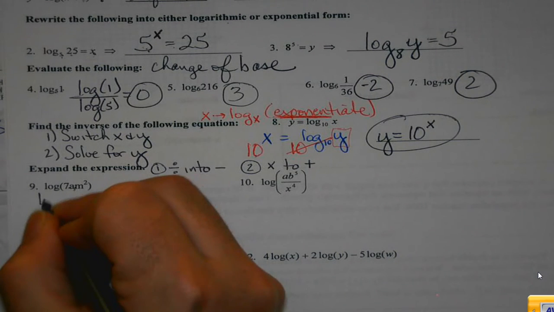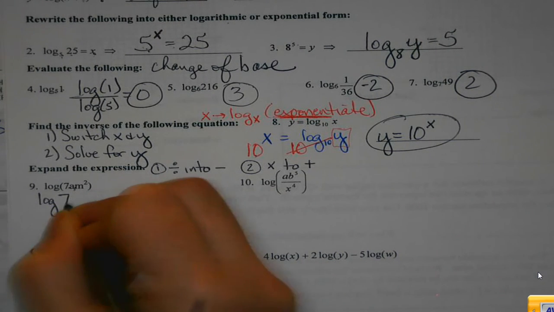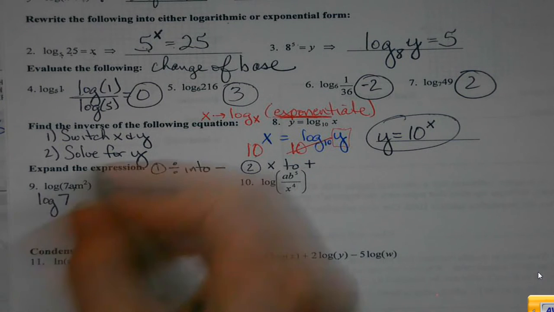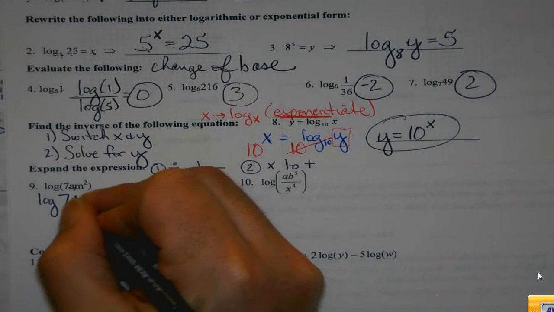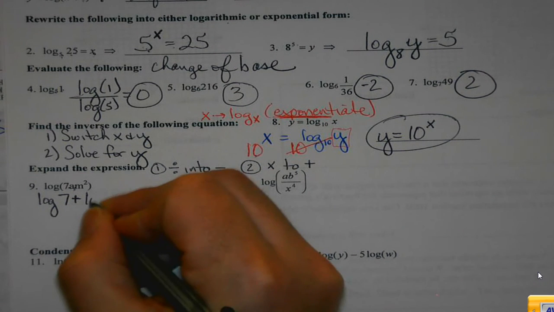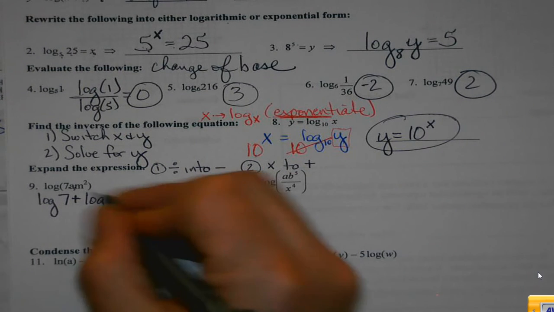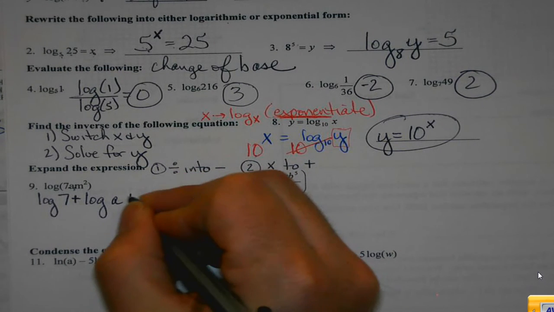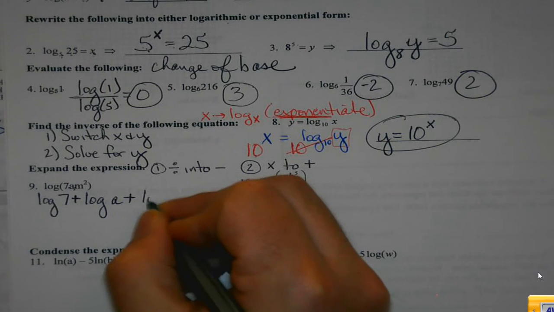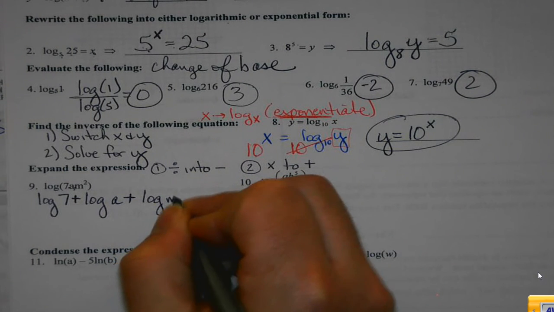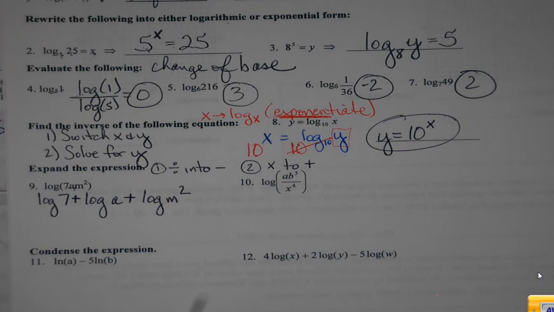So, I'm going to have log of 7. Wherever the multiplication dot would be, I'd put a plus. The log of a, and again, between the a and the m squared, plus the log of m squared.